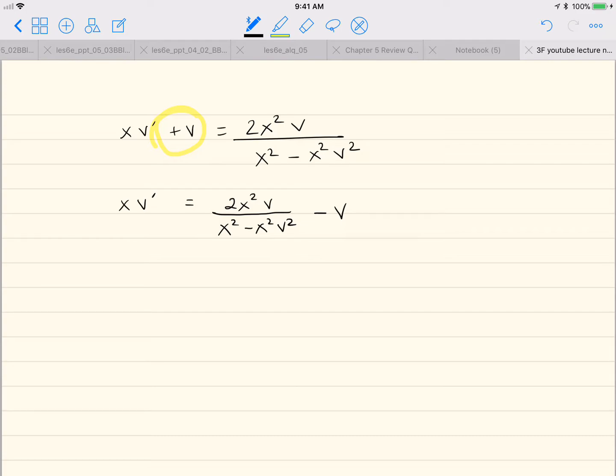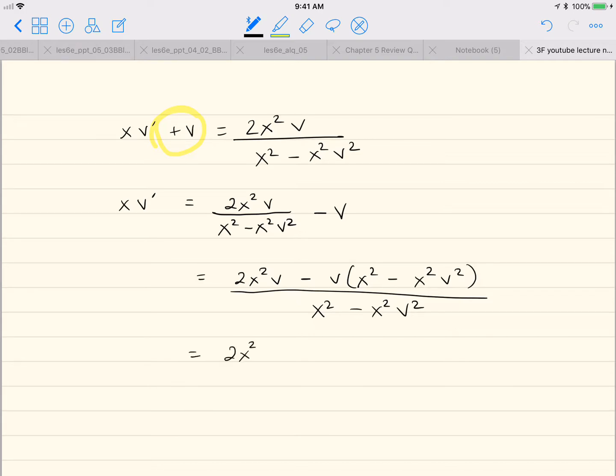And now, let's see, I should be able to simplify. So let's see here. So we'll have 2x squared v minus v times x squared minus x squared v squared all over x squared minus x squared v squared.